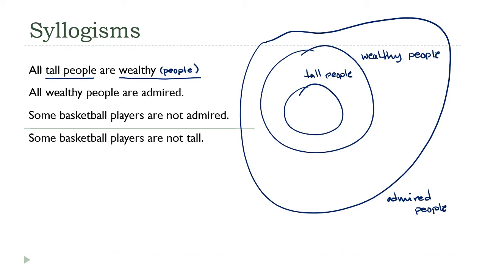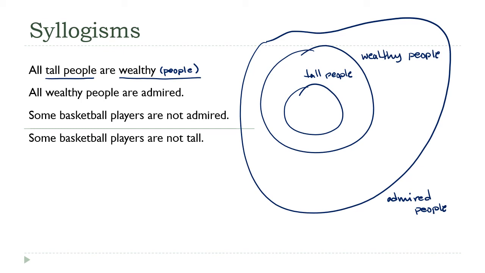Some basketball players are not admired. This is a some, so the basketball players circle and the admired circle are going to overlap, but some basketball players will be outside of the admired circle, which puts them in the not admired category.